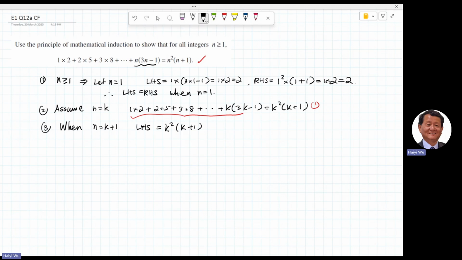So that's the first k terms. Plus the next term will be k plus 1, then times 3 k plus 1.